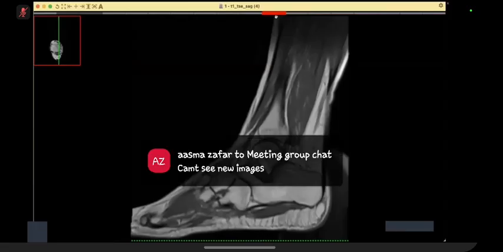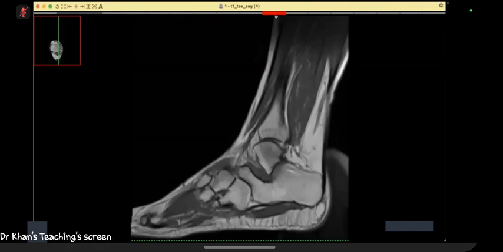So this is a coalition, maybe cartilaginous or fibrous, whatever. So this is calcaneonavicular coalition, and the key point to remember is that it is best seen on an oblique film of the foot.